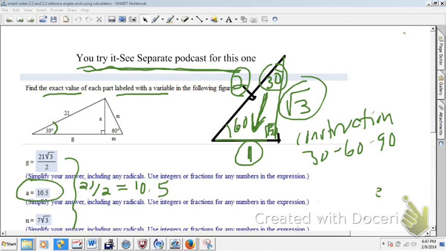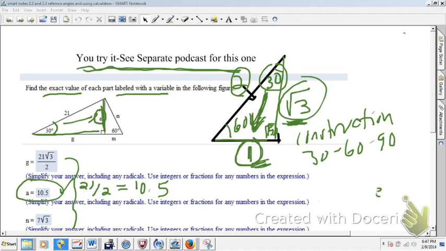All right, let's try that again. If you're standing at 30 degrees, what's the relationship between the piece directly opposite the 30 degrees and the adjacent piece? I always resort back to our original construction. How do I get from the piece directly opposite to the adjacent piece? I multiply by root 3. So I'd have to take whatever A is, which I already know, and multiply it by root 3.